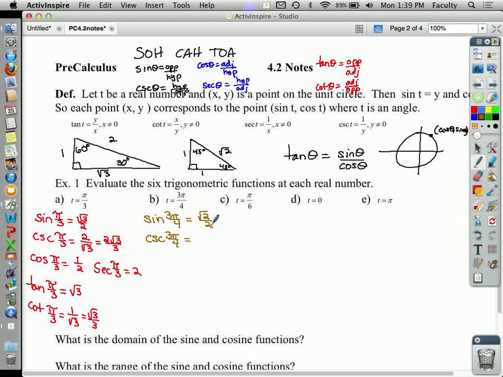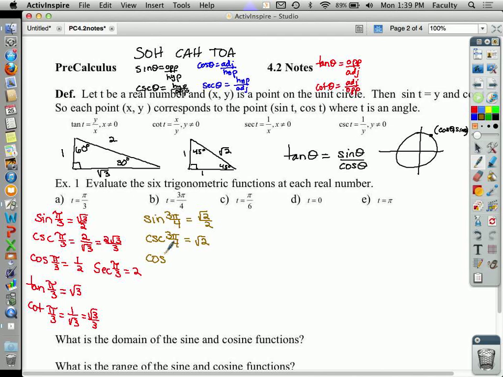So if you have good number sense, and you can recognize that radical 2 over 2 was 1 over radical 2, then the reciprocal would be radical 2. You can still get it by flipping, but then you're rationalizing and canceling and all that. So for example, if you see radical 3 over 3, that meant it was 1 over radical 3, right? Okay, so make that connection, make your life a little bit easier.